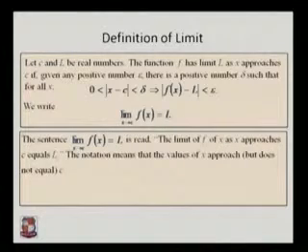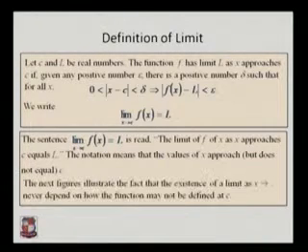You need to read it this way: the limit of f of x as x approaches c is equal to L. The notation means that the value of x approaches but does not equal c. The next figures illustrate the fact that the existence of the limit as x tends to c never depends on the function being defined at c.